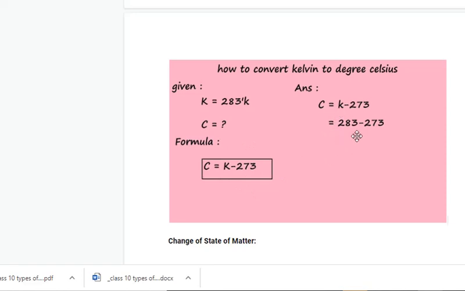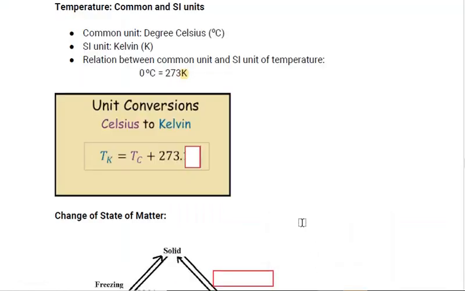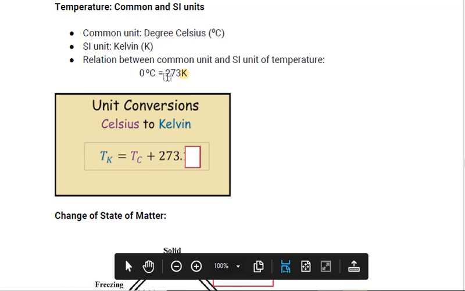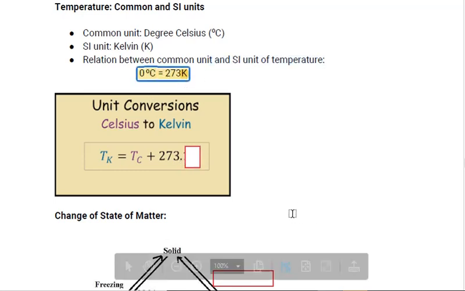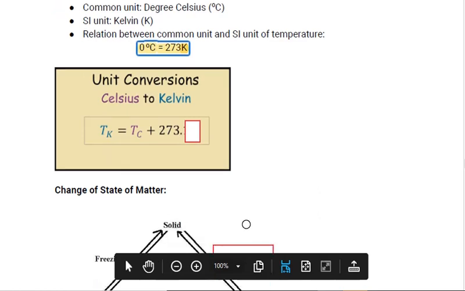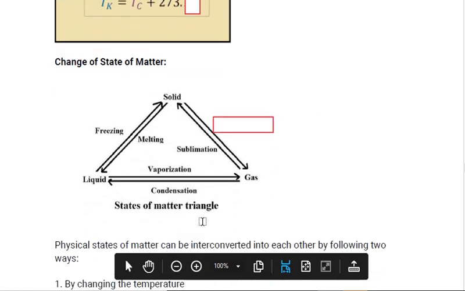See here, 283 minus 273, whatever comes is our answer. Understood? So only the 273 data we have to memorize.